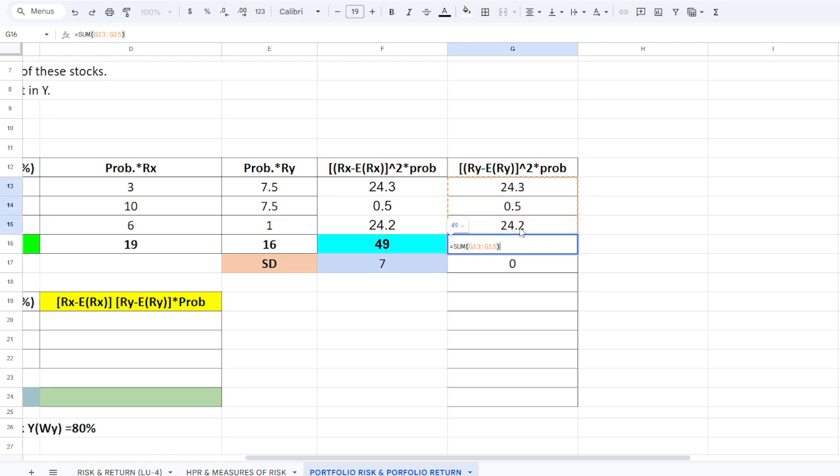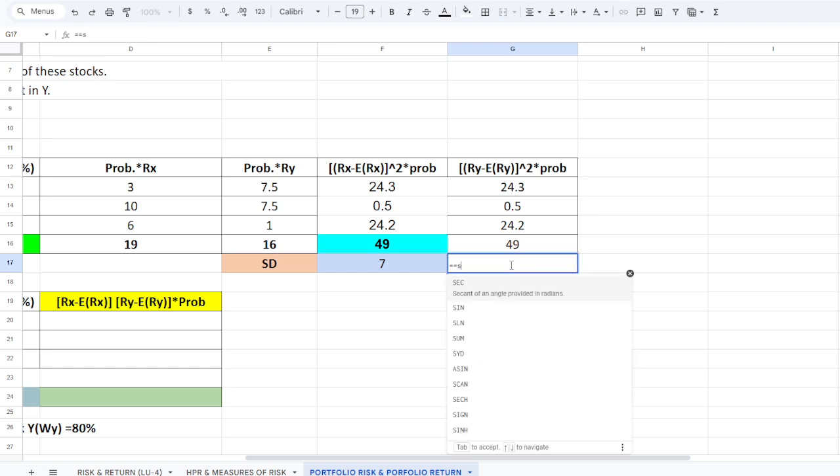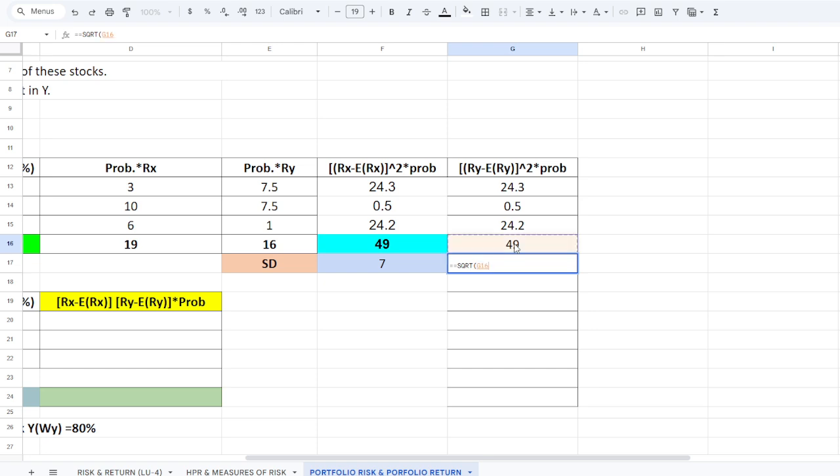Again the variance is 49%, and that is why when you use the SQRT function in Excel, the square root of variance, again we have 7%. So 16% is the expected return of Y, and this is for X, and we have a standard deviation of 7% in both cases.